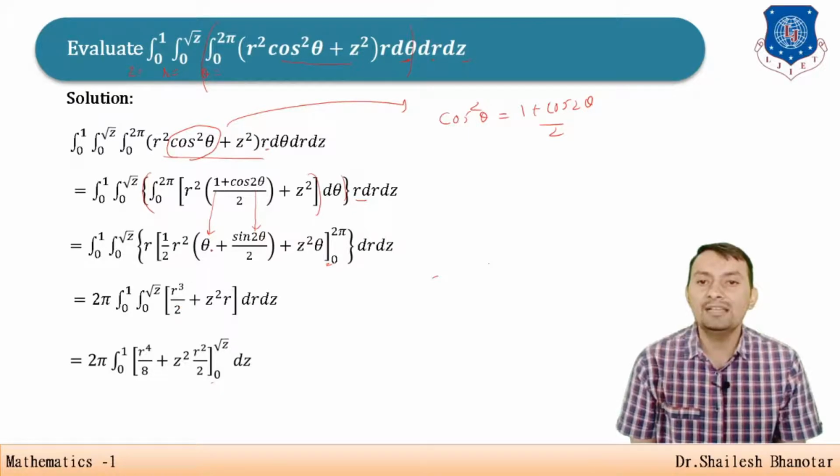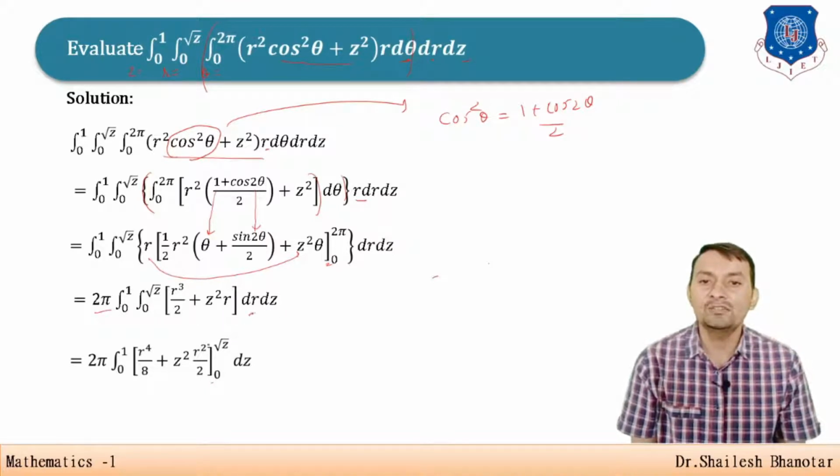When I put theta equal to 2 pi, sin 4 pi is nothing but 0. Again 2 pi will be there, because theta is nothing but 2 pi, so I can take 2 pi common, so I will get r raised to cube divided by 2 plus r multiplied with this one also, so I can say z squared r, and then d theta dr, then dr dz.